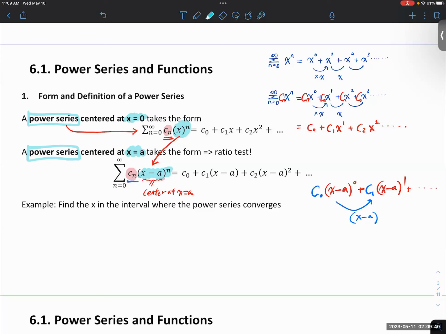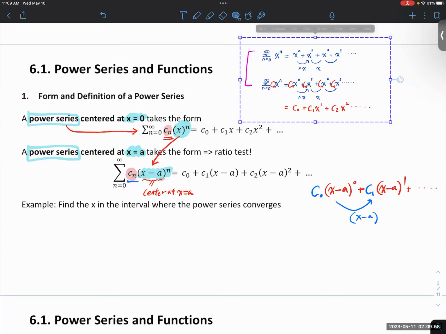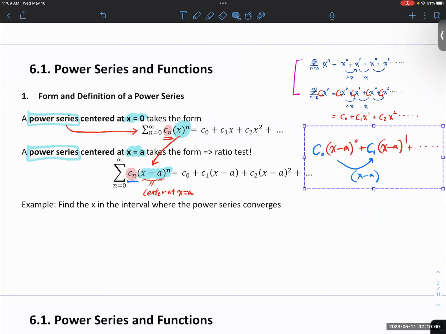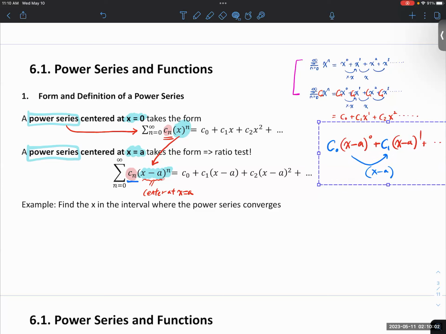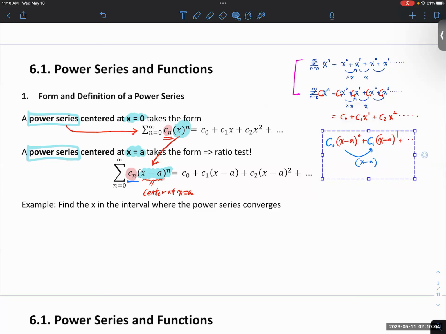Now, as always, we have the same question: whether this power series converges or diverges. Let me bring this one here, and this one here, and minimize a little bit.